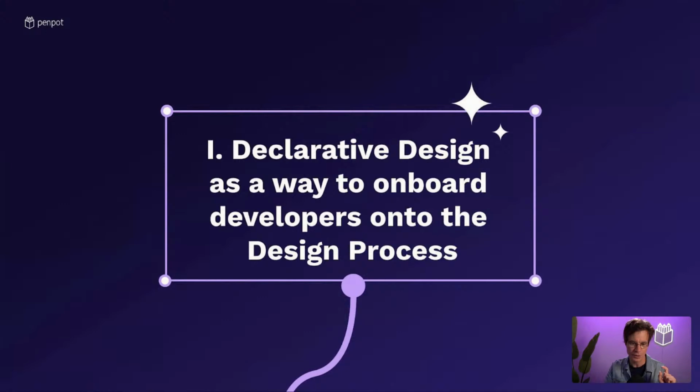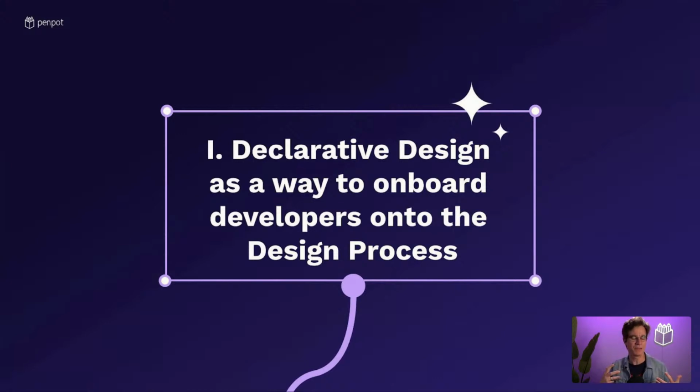So the first principle that we understand in terms of bringing design and code together and really building this new alliance between designers and developers is that a tool that embodies that should be declarative design first, because this is going to allow developers to really enjoy and onboard the design process finally.